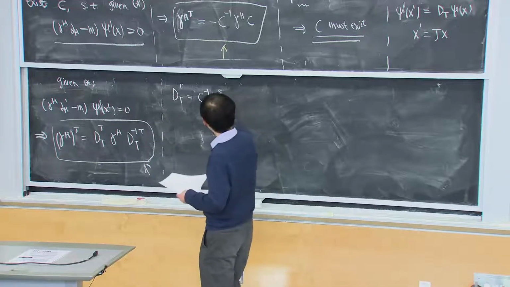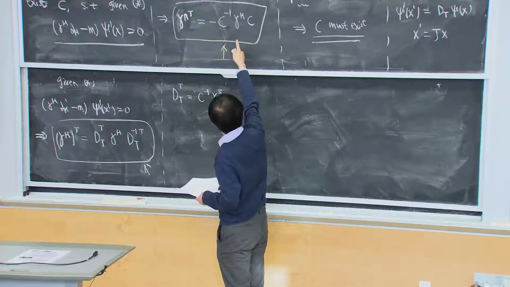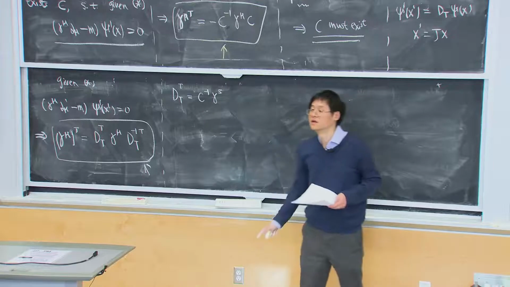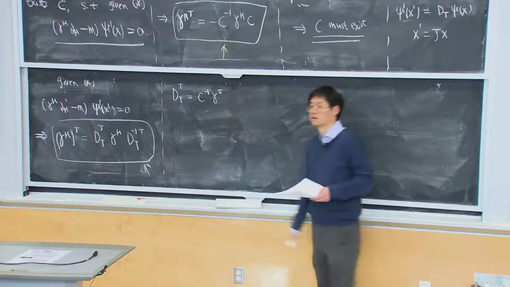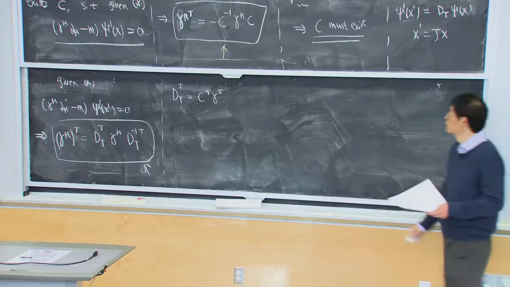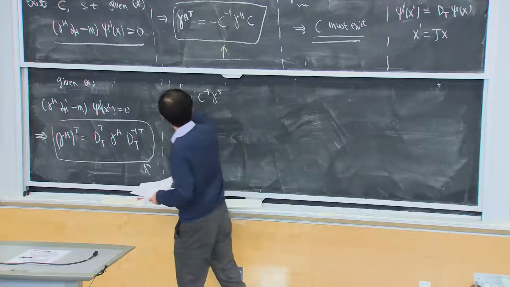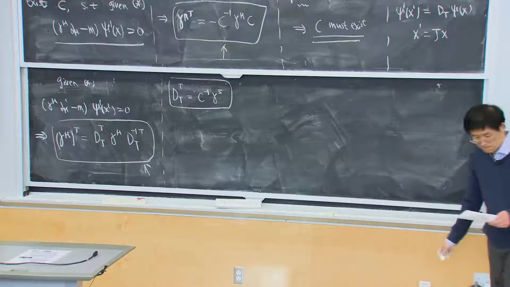The gamma phi will generate this minus sign when you commute with gamma mu, and that accounts for the actual minus sign. So if you know C, then you also know this time translation symmetry matrix. Okay.